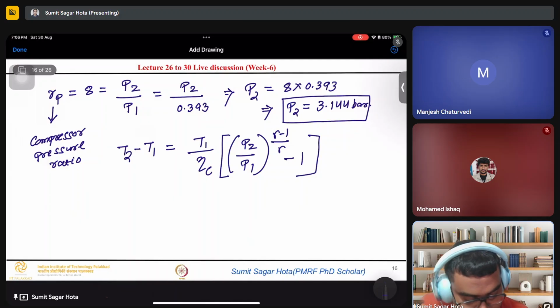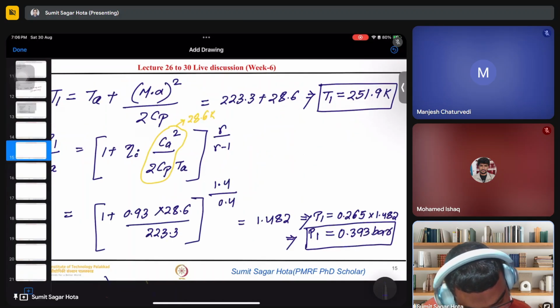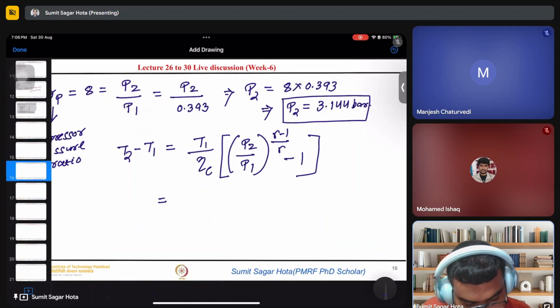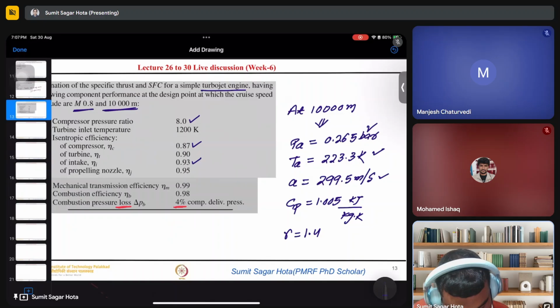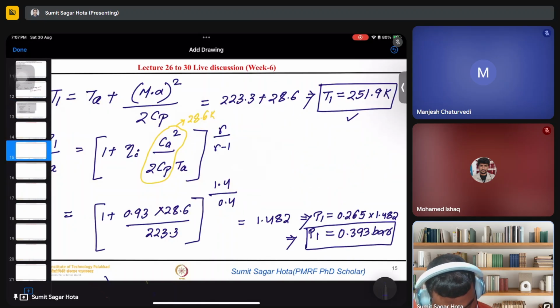Okay, so this is the formula. Now what are the things we know? We know T1, P2 by P1 you already know, and eta C you know from here, 0.87. Everything you know, just substitute.